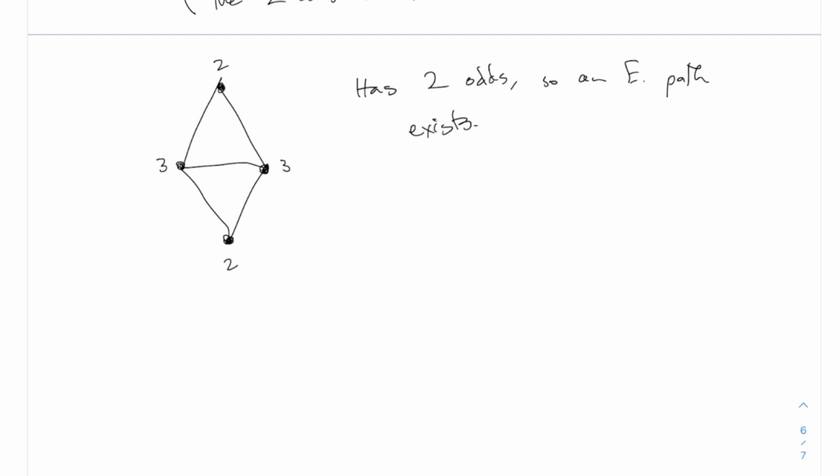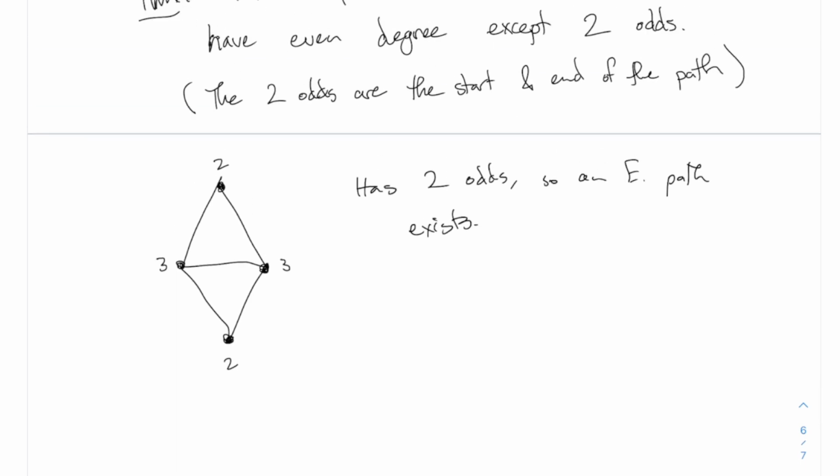See if you can draw a path which covers every edge. Remember I said before, the two odd ones are where you should start and finish. I mean, you should start on one of the odds, and you should finish on the other odd. It must be that way if this is going to work at all.